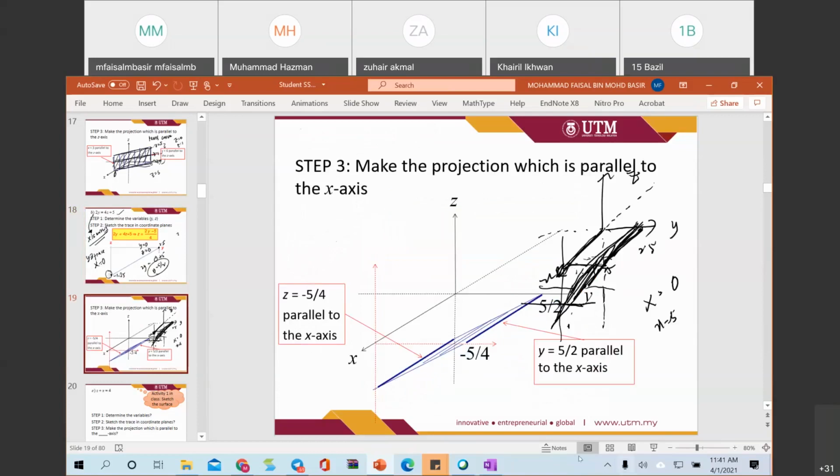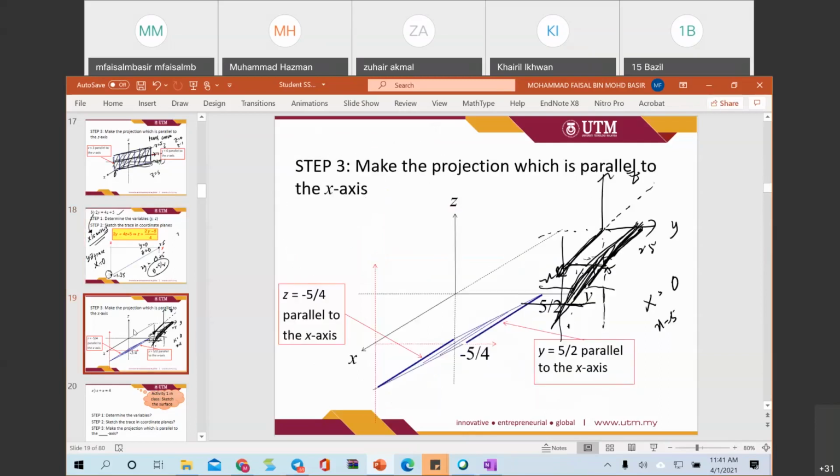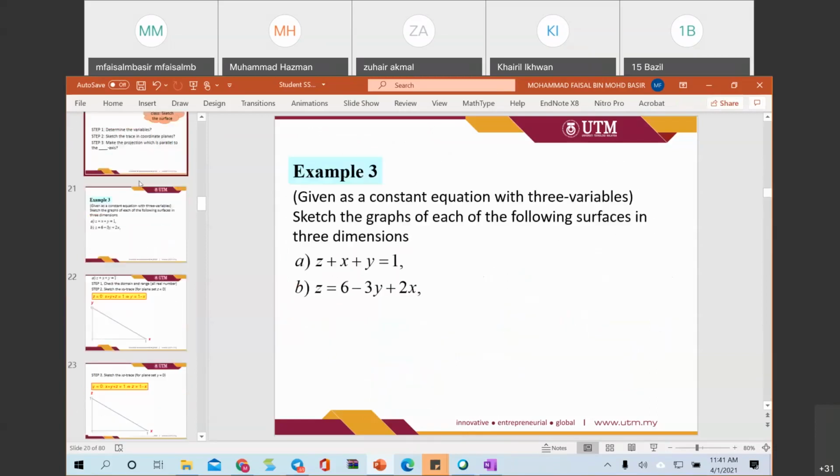There is another one like this, and then you just shade this. So this is the plane where 2y equals 4z plus 5. You have to draw another 3D here so that you can merge these two lines.